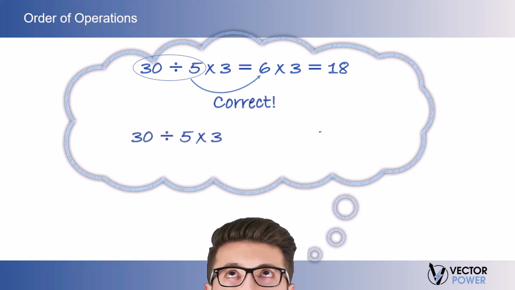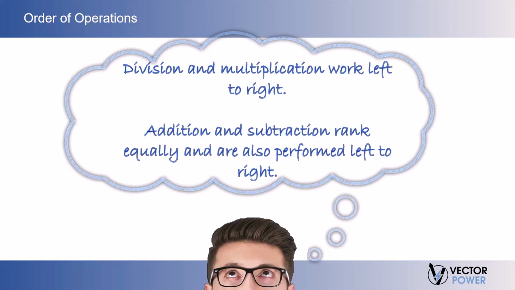Now, had we broken this order and started with 5 times 3, that would have given us 30 divided by 15 for an answer of 2, which is wrong. Division and multiplication, we work from left to right. Addition and subtraction rank equally and are also performed left to right.